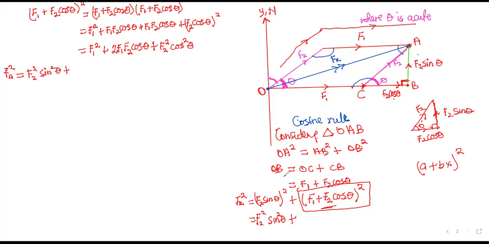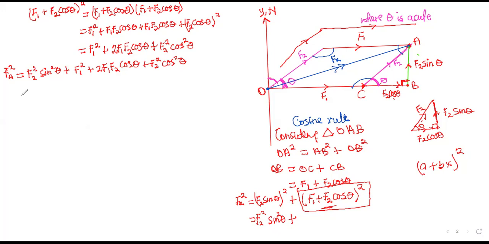Then the expansion of what I gave you, let's add it: F1 squared plus 2F1 F2 cos theta plus F2 squared cos squared theta. Let's now group like terms.